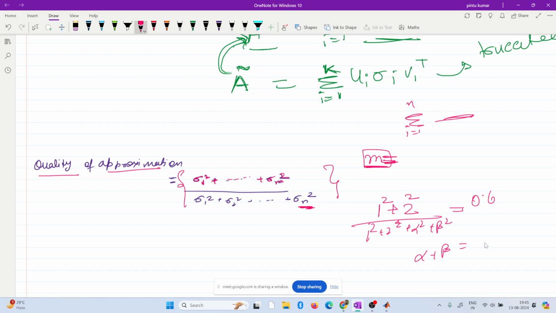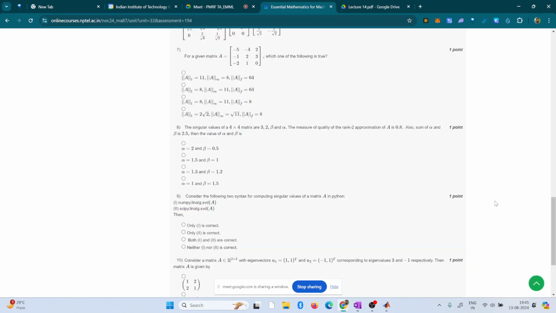So you have two equations and two variables that you have to solve. Let's say if this is 1, you can take alpha to be 1 minus beta and then replace it here. Then you will get a quadratic equation, and then you can try to solve. Then it will be one variable left. So you can find the value of alpha and beta.